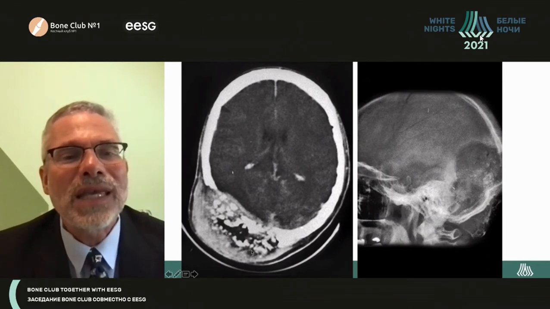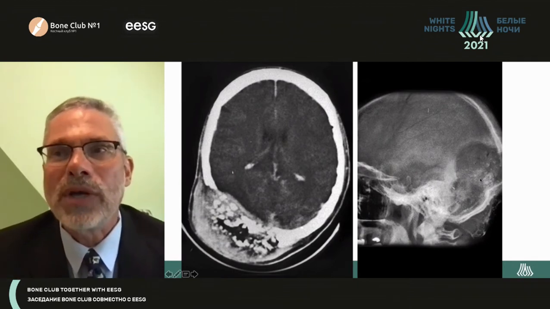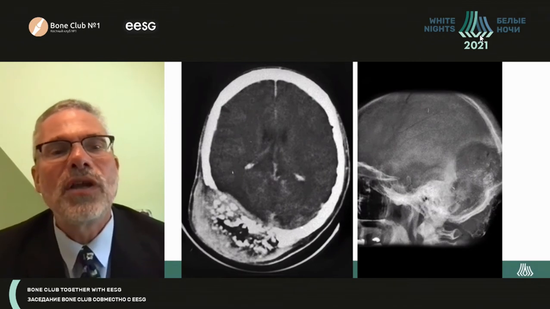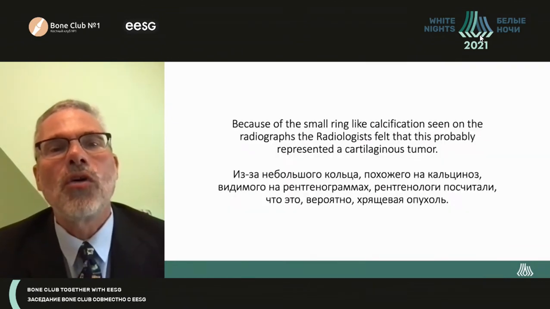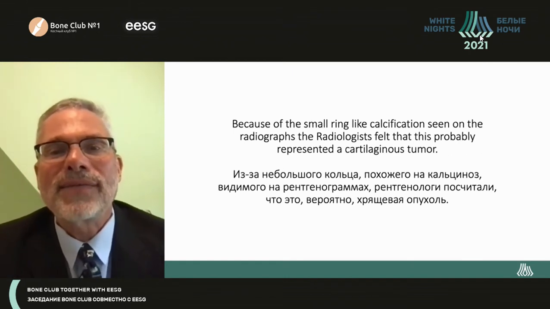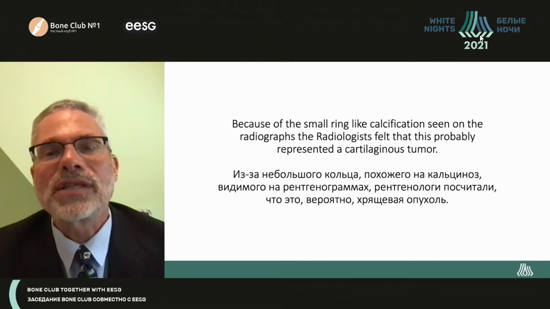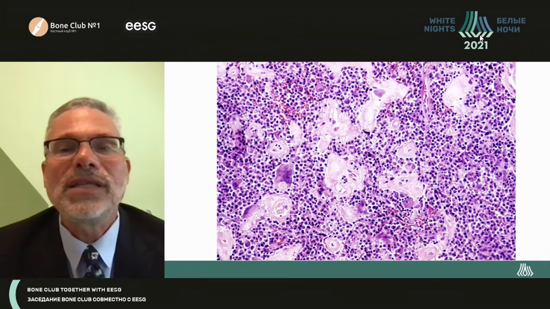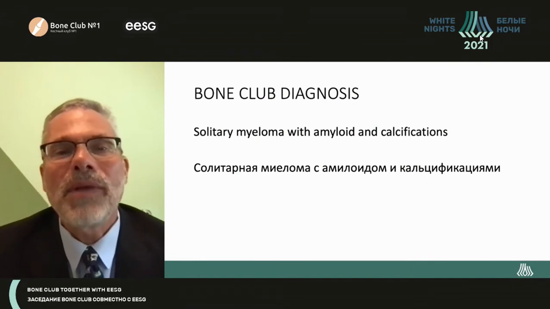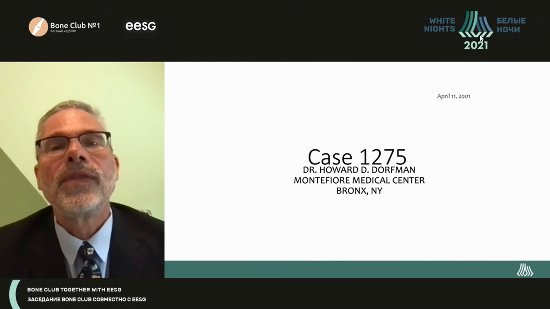These are the calcifications that can occur in amyloidosis, which is why calcified amyloid in myeloma can be confused with chondrosarcoma. Because of the small ring-like calcification seen on the radiographs, the radiologist felt that this tumor probably represented a cartilaginous tumor. And here we see the sheets of plasma cells. And this is solitary myeloma with amyloid and calcifications.